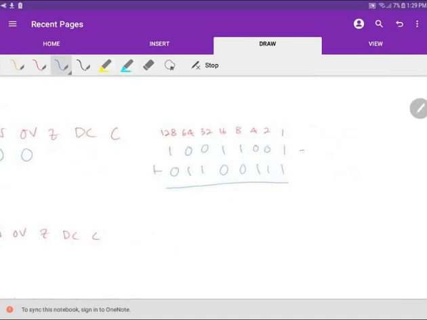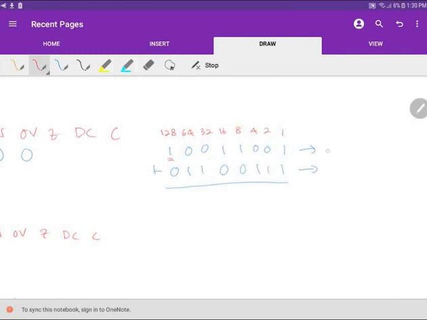Now can you find what is this value? This, you know, it is a negative number, right? If it's a negative number, you look at the negative of the weightages of the zeros, right? 64 plus 32. How much is 64 plus 32? 96. 96 plus 4, plus 2, plus 1.